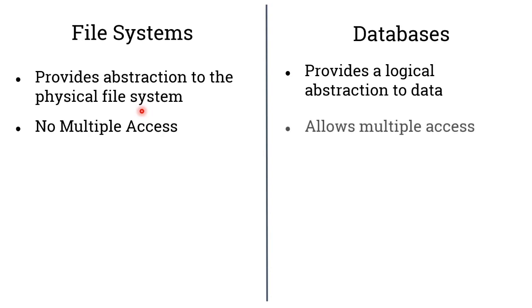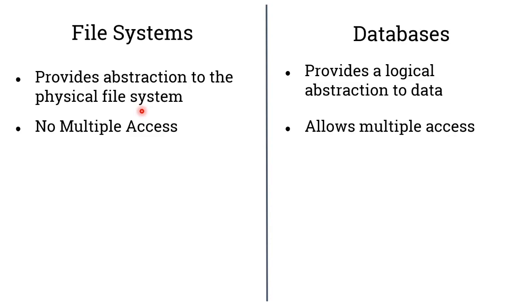But databases are designed to have multiple accesses. Let's say you're going to Code Heroku's website and you're getting some data from that database. At the same time, your classmate also logs into the same website and the same page.